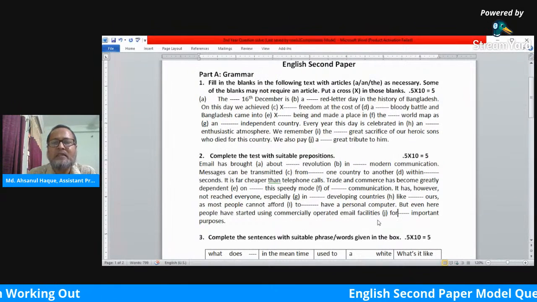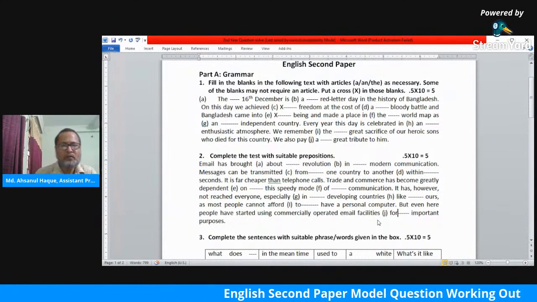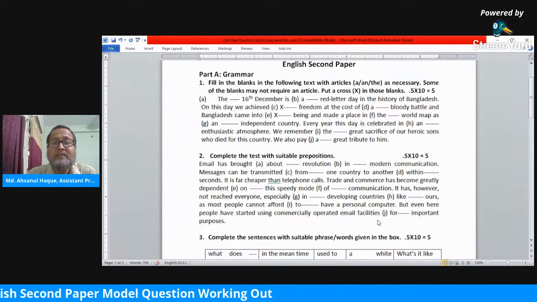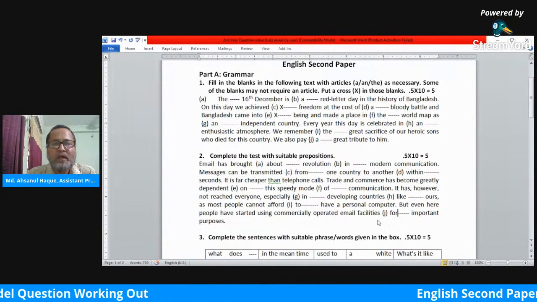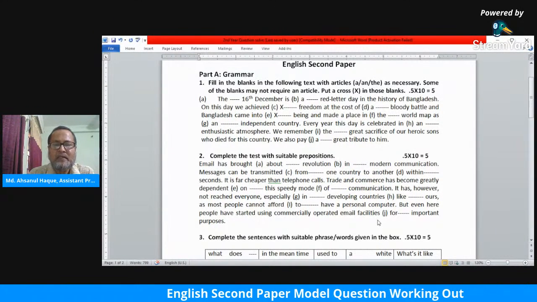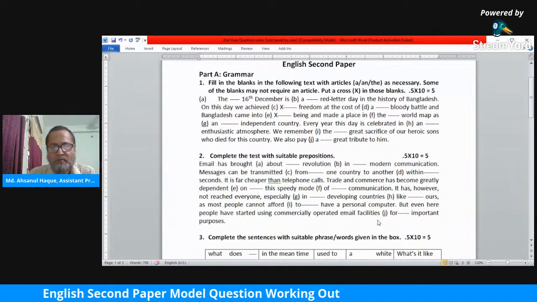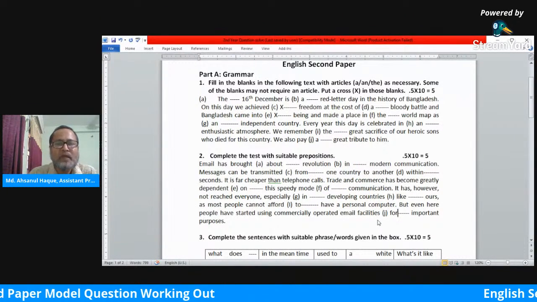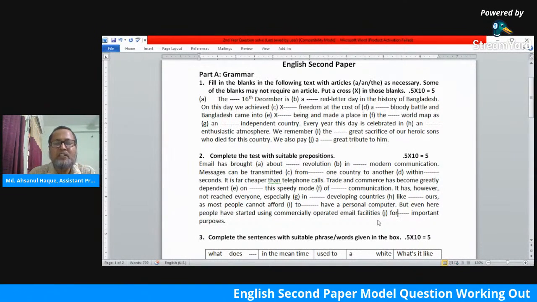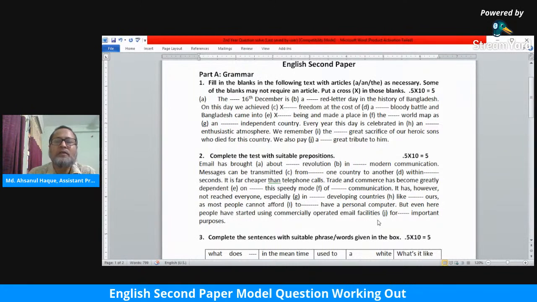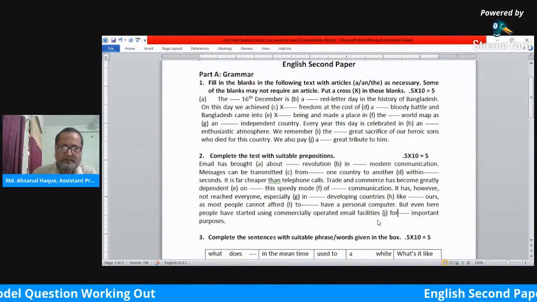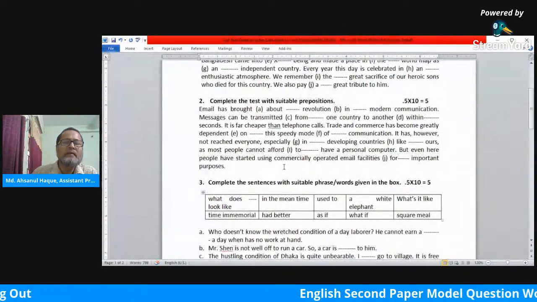But in some cases, there may be group verbs or appropriate prepositions. In most cases, though, we take the decision about the specific preposition from the meaning of the sentence. It's important.